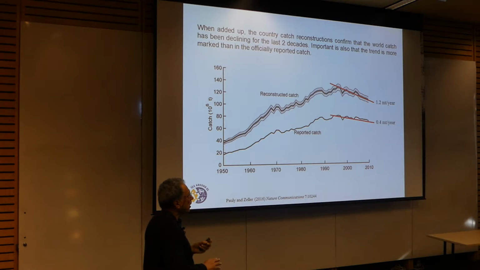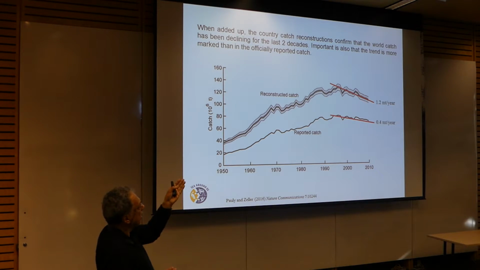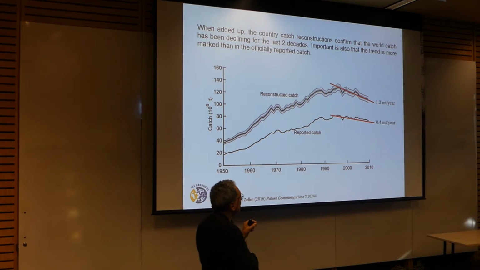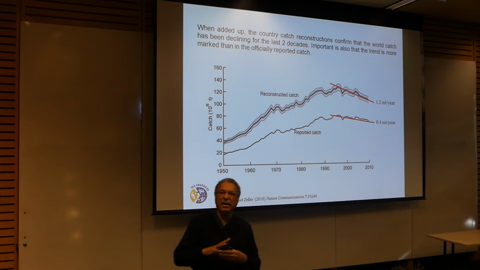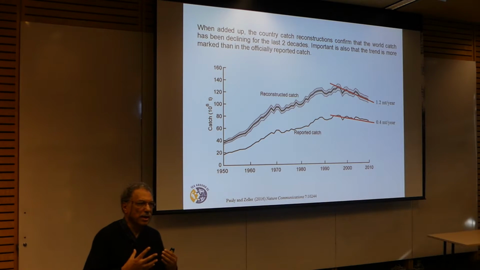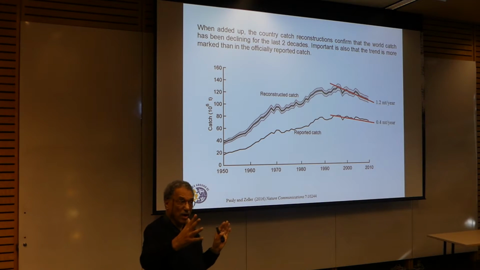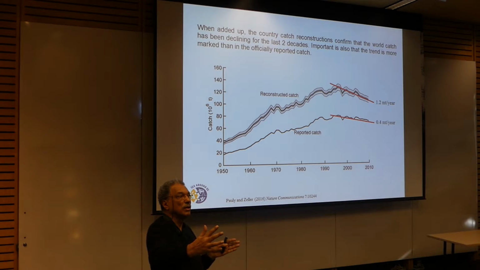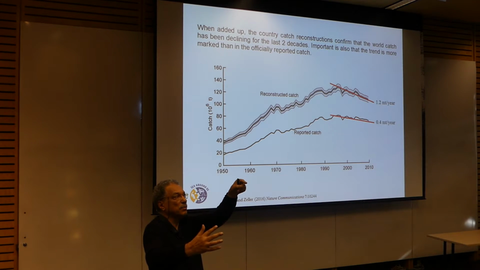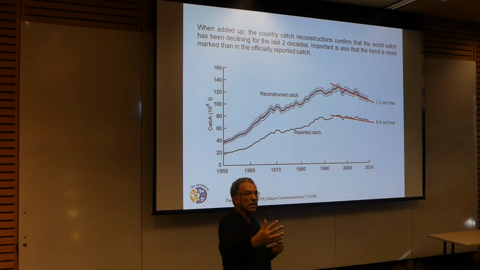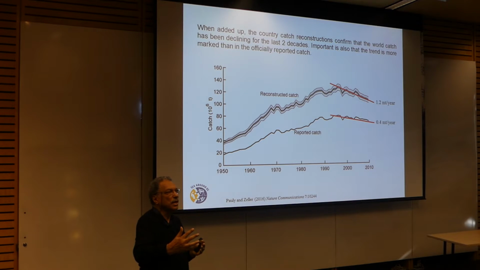But our estimates are that the catch declines. And the confidence intervals are built with the Monte Carlo method. And the Monte Carlo method does the following. Basically, it samples the distribution, this wide distribution that we had around each country. They were calibrated using stuff that other authors have done before, as I mentioned, Pitcher and others.